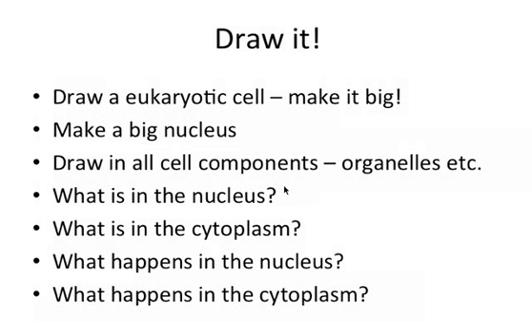Right, so DNA that's not compacted into chromosomes, so it's interphase DNA. What is chromatin made up of? Histones and DNA, and protein. DNA and protein.